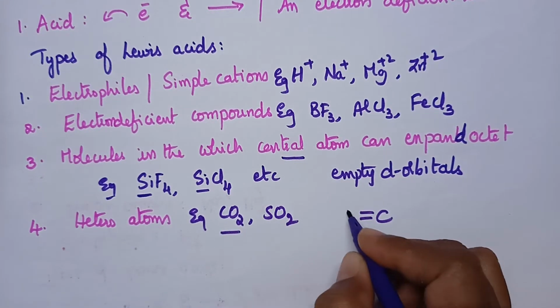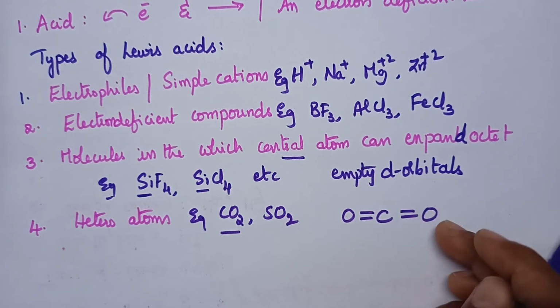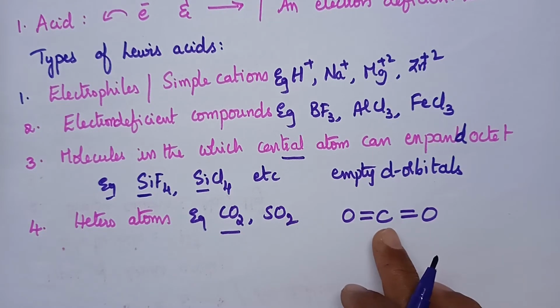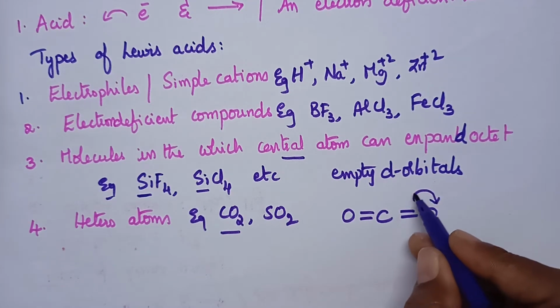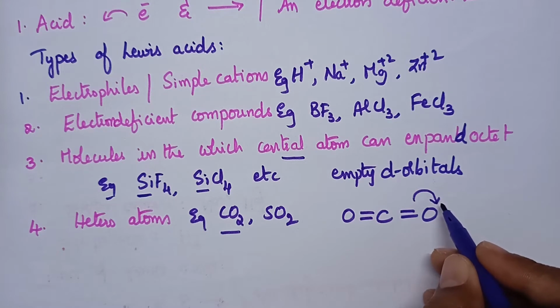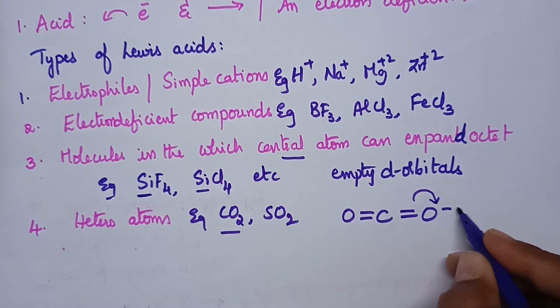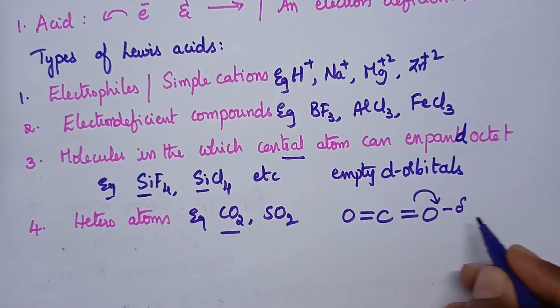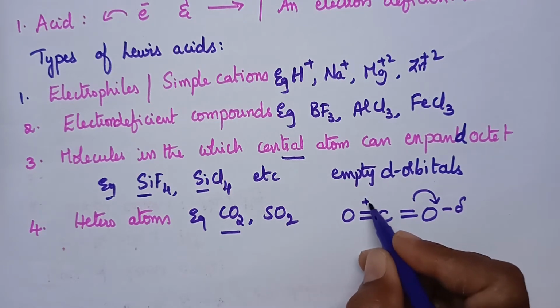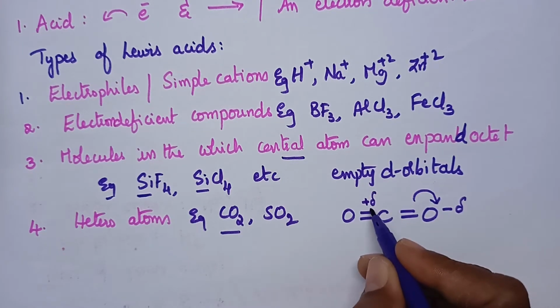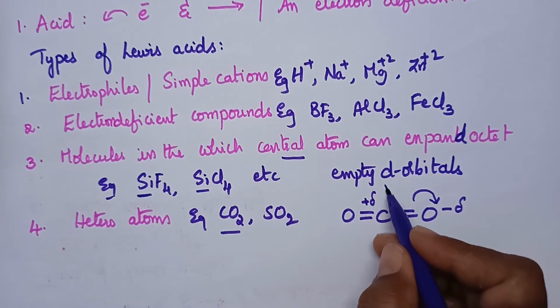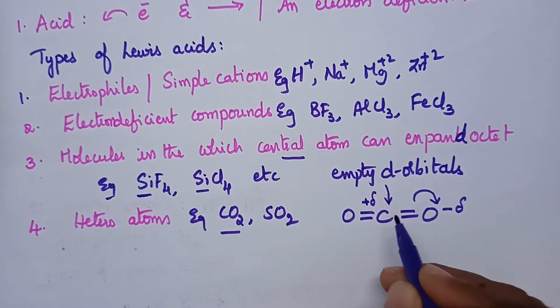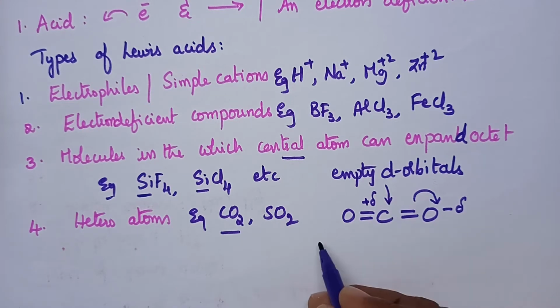A double bond will be present between the oxygen atom and the carbon atom. Oxygen is more electronegative, so the electron pair is more attracted towards the oxygen atom. With the result, oxygen acquires a partial negative charge, whereas carbon acquires a partial positive charge. So this carbon is capable of accepting an electron pair and hence it can act as a Lewis acid.